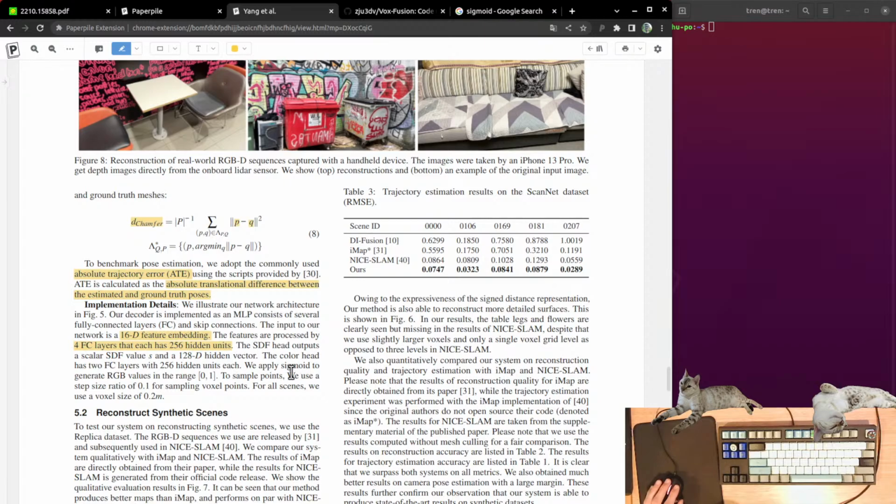The signed distance function head outputs a scalar signed distance function value s, right, the depth basically, and a 128-dimensional hidden vector. The color head has 2 fully connected layers with 256 units each, and we apply sigmoid to generate RGB values in the range of 0 to 1.